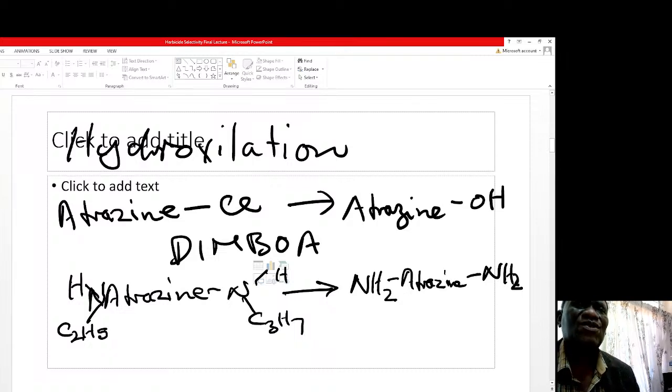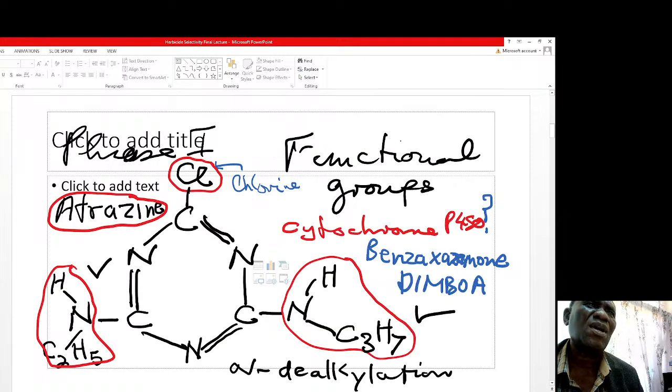Right, so atrazine can now be converted to those amines which are joined to atrazine. Of course, we could have attached them here where I've got some ticks, but we just wanted to simplify this reaction.